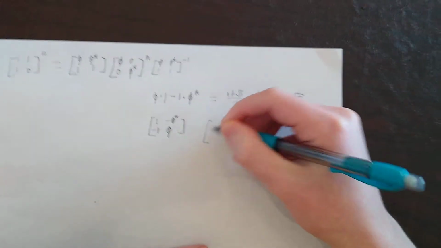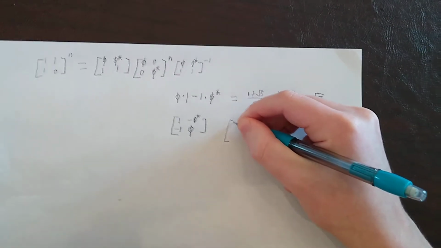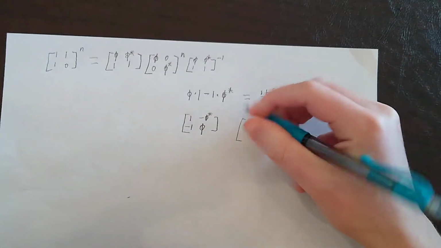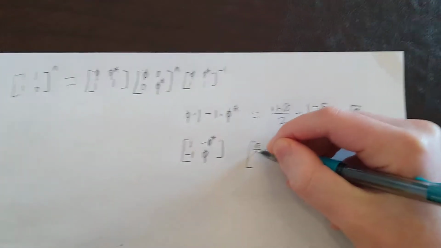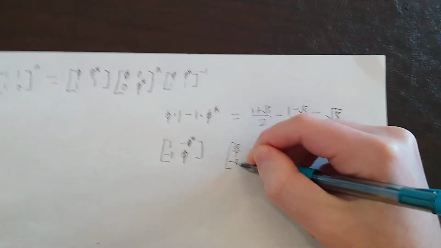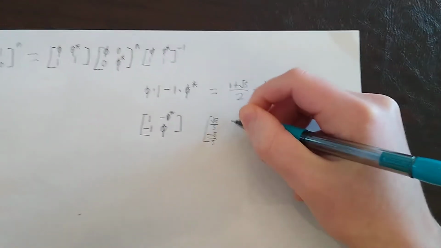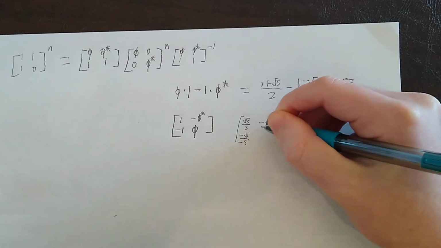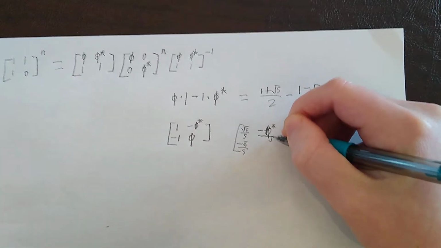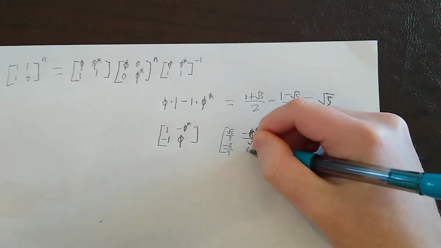So that would be square root of 5 over 5, negative square root of 5 over 5, negative v prime over the square root of 5 and v over the square root of 5.